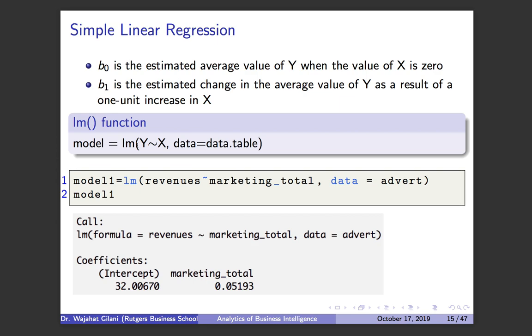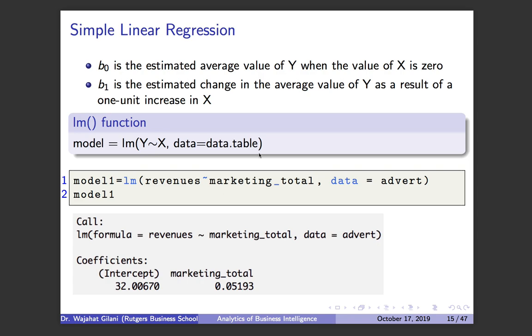To the left of the tilde, you put your dependent column, what you're trying to predict. To the right of the tilde, you put your independent column, which column you're using to do the prediction. And you save it to whatever variable you want, model, whatever. And boom, it's that easy. You just did a regression.